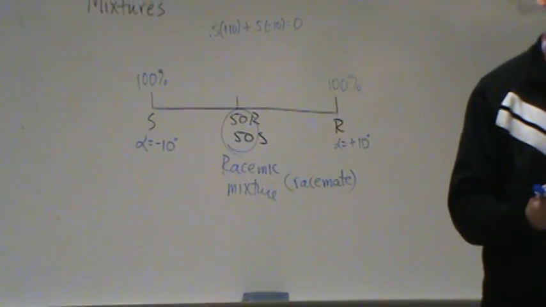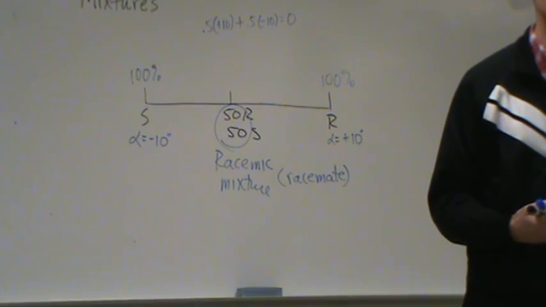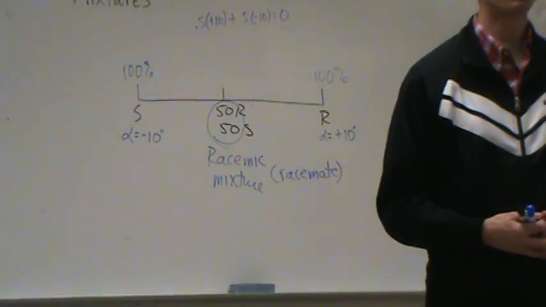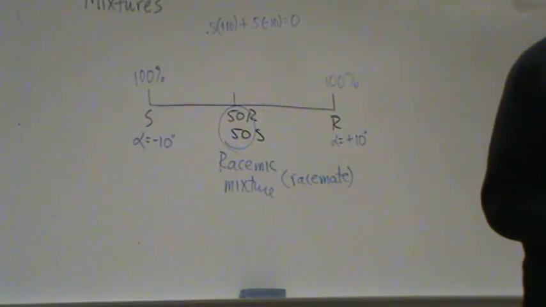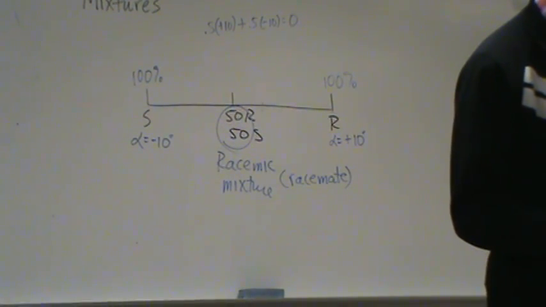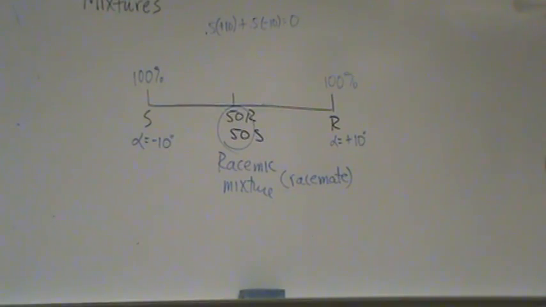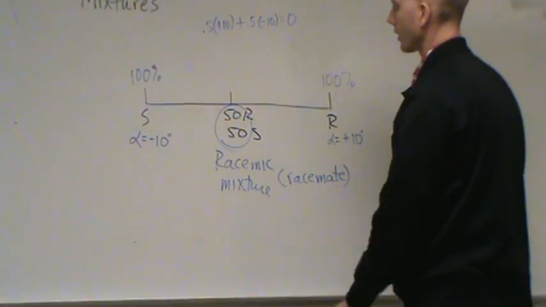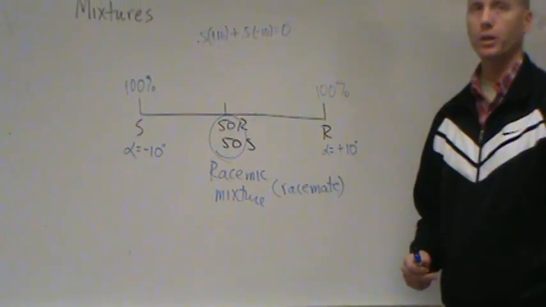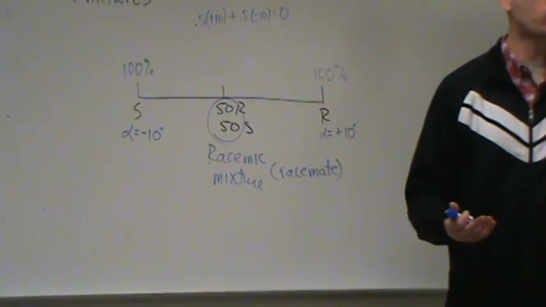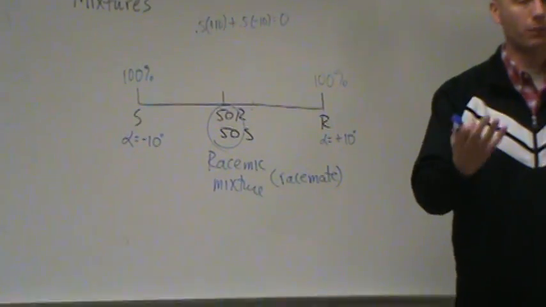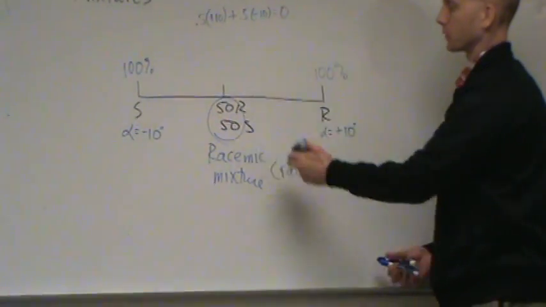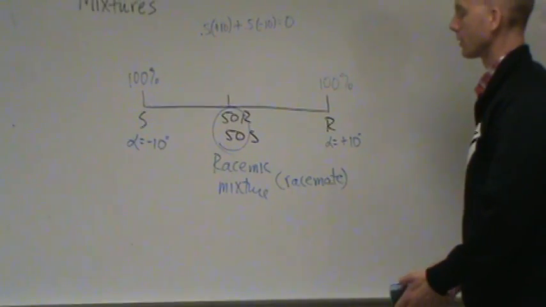Let me give you a condensed version. It's a 50-50 mixture of two enantiomers. Because the molecule could have more than one chiral site, right? And so it's got to be two enantiomers. I just did the simplest enantiomer, just an R to an S.